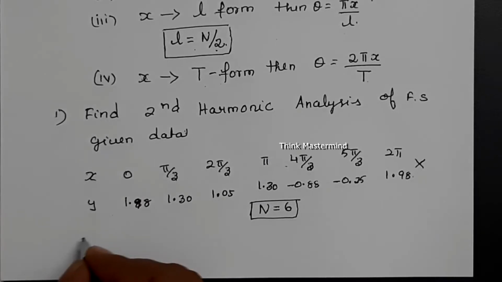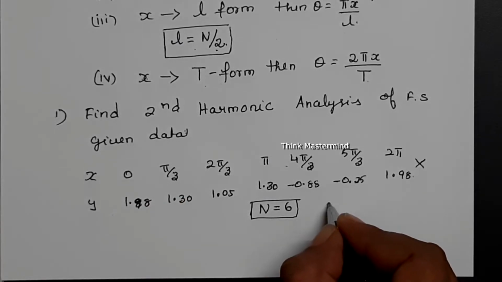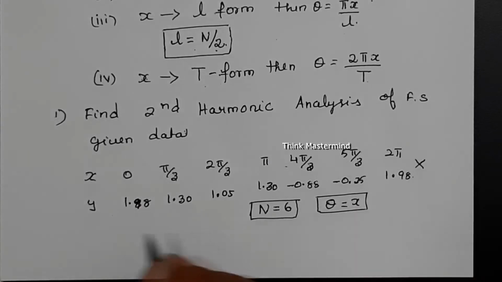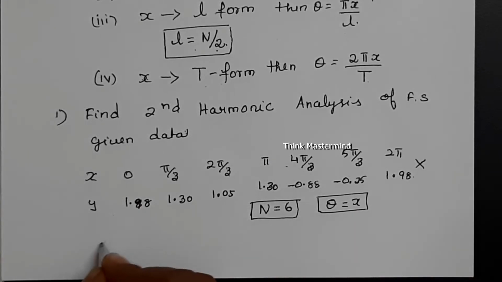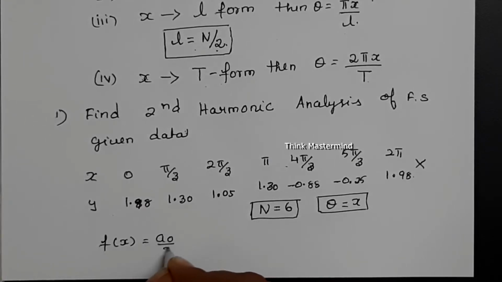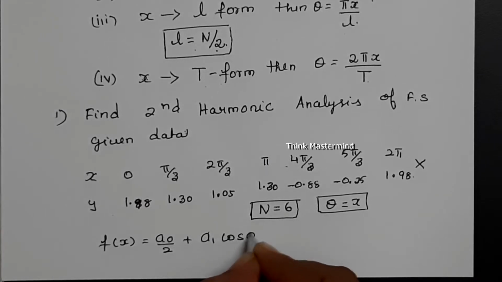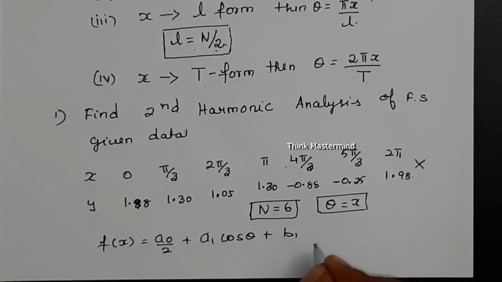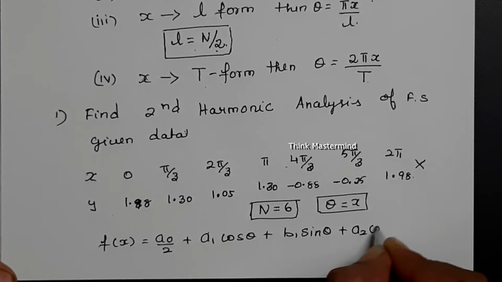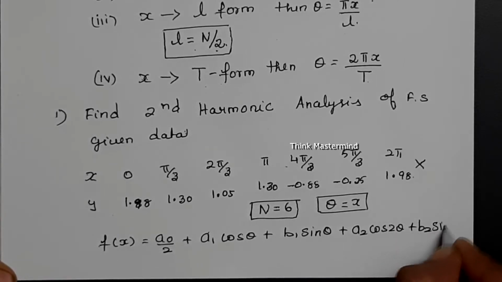Now we are writing the formula. So x is given in pi form. Directly you substitute x value in the place of theta. Therefore the formula becomes: the Fourier series of given data is a0 by 2 plus a1 cos theta plus b1 sin theta plus a2 cos 2 theta plus b2 sin 2 theta.